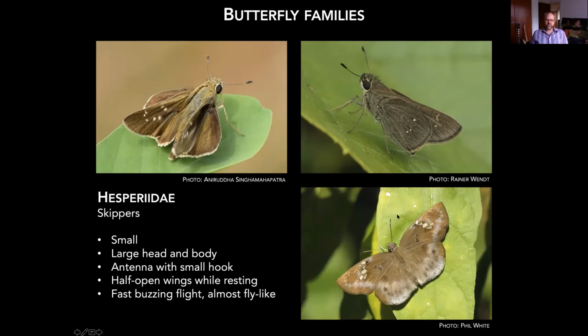They often hold their wings in a specific position, with the hind wing down and the forewings halfway up, like this one to the side, but sometimes flat and sometimes held together. And when they fly, they have a very fast buzzing flight. So if you don't know what to look for, many people think that a skipper who passes them is actually a big fly.